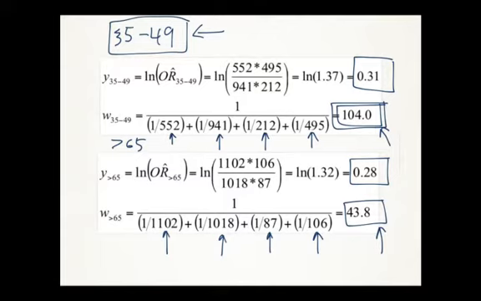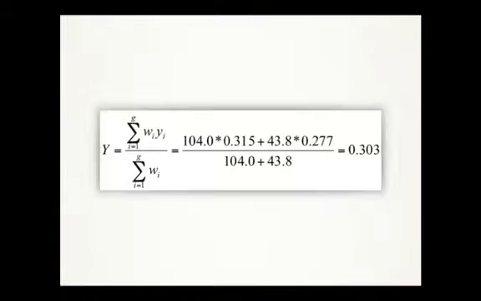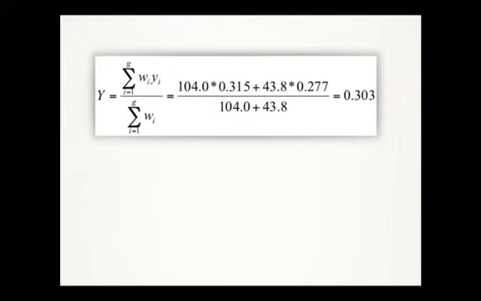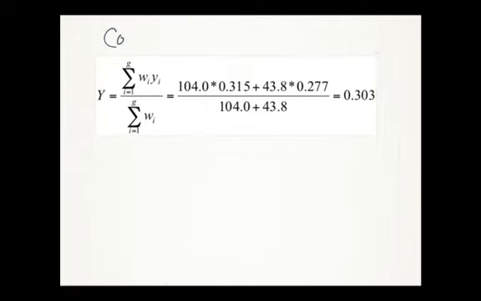All right. So from there, we can continue with those formulas that we were looking at earlier, right? So our combined odds ratio, which we called Y, would be here, okay?